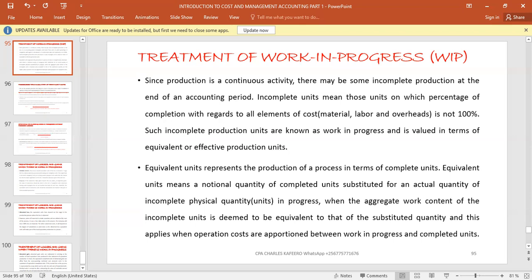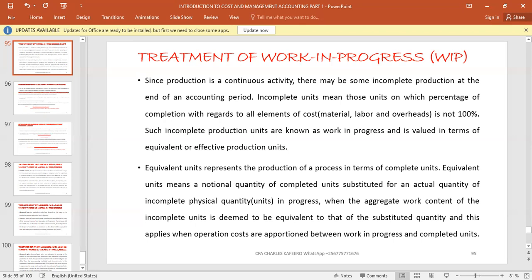One of the things we have to understand is that production is a continuous activity, and since it is a continuous activity, we expect that when you are making recordings for a certain accounting period or for a given financial year, you may find that we are getting that information when the process is still going on.